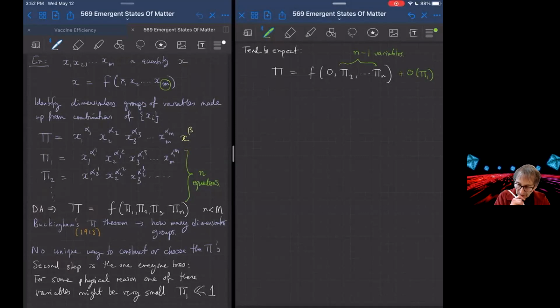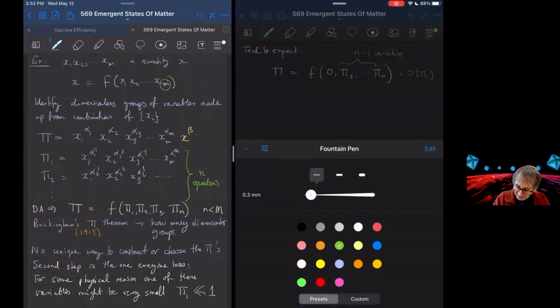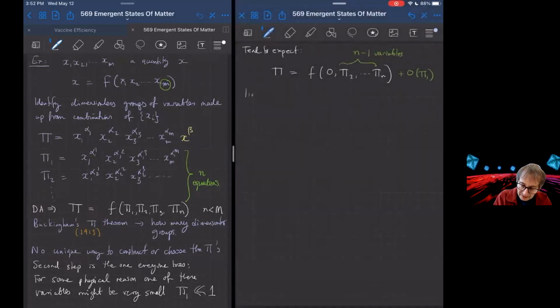And when this is true, when the limit as pi1 goes to 0 of f of pi1, pi2, and so on actually exists and is f of 0, pi2, and so on, this is known as intermediate asymptotics of the first kind.